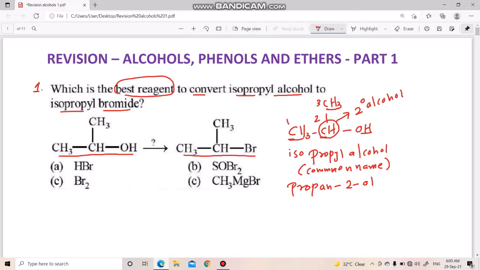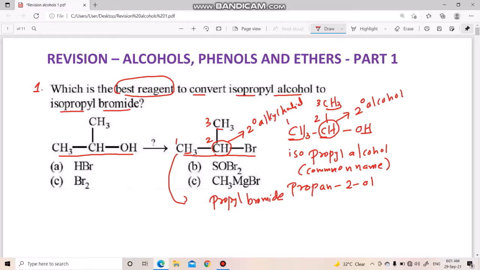Then the product: 1, 2, 3. The carbon is CH, Br is attached to the CH and 2 CH3 groups. So this alkyl halide is a secondary alkyl halide, alkyl bromide. What is the common name of this compound? Isopropyl, 3 carbon propyl, then the halogen is bromide.